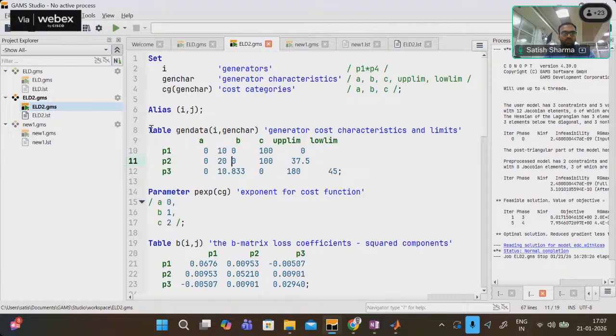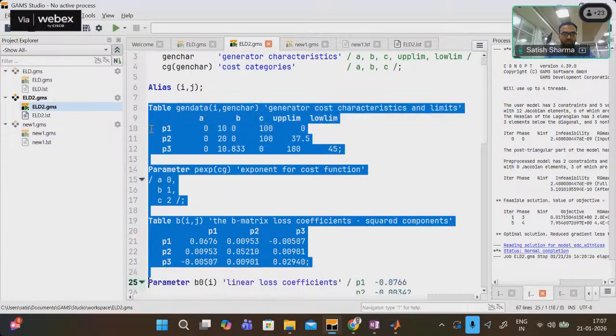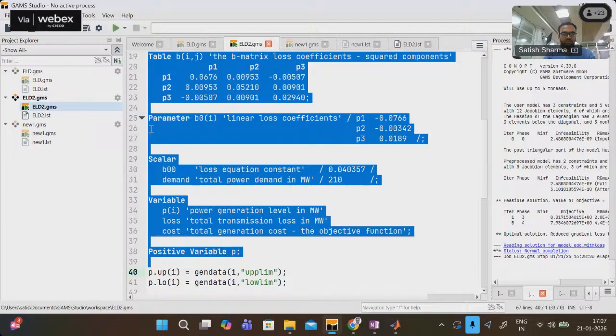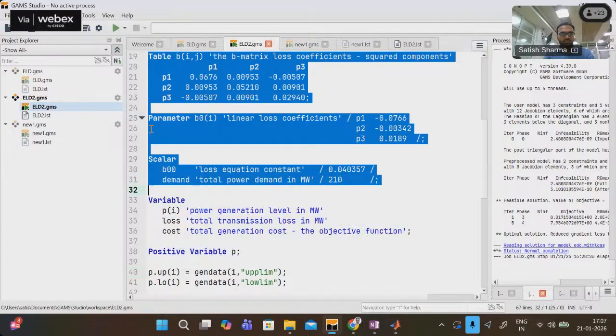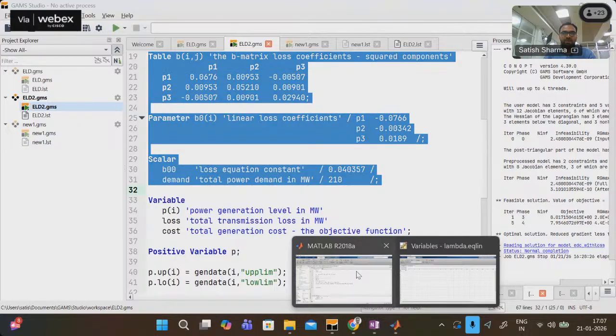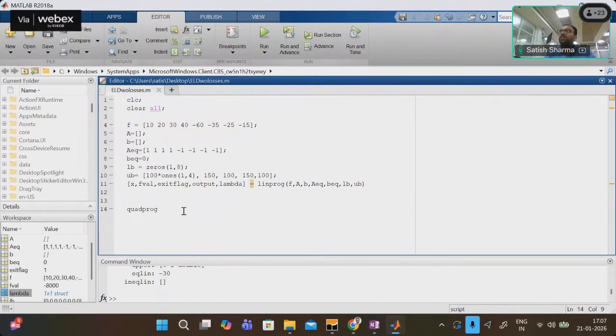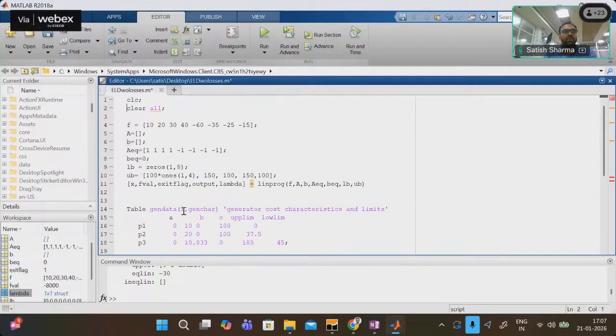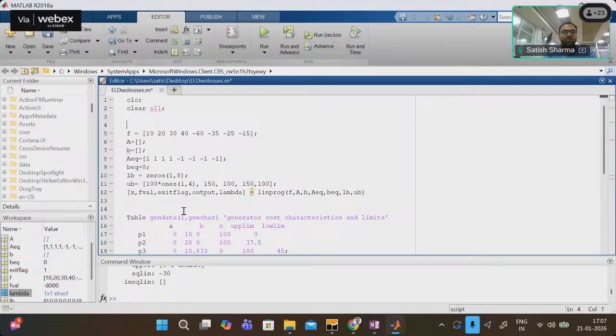So I will copy these values here. I think this is it. This is the input data. I will paste them in MATLAB, but they will not go exactly the same. We have to basically play around with those. Just place those data. Now let me guide you through the input data.